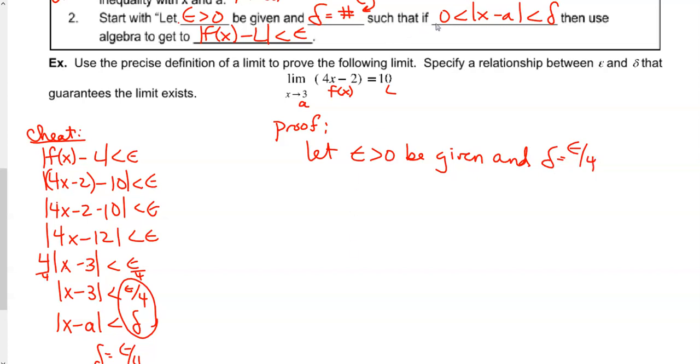Such that if, and we're going to start with that inequality, so such that if 0 is less than the absolute value of x minus, in this case, what is our a value? Our a value back in our limit is right up here. So I'm going to go ahead and write x minus 3 is less than delta.